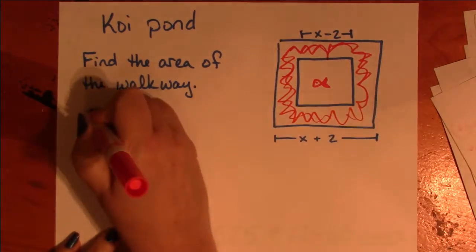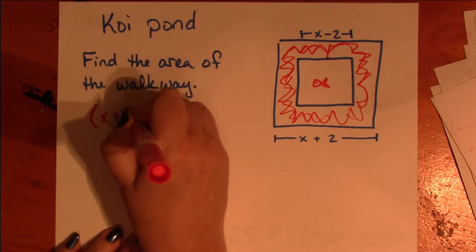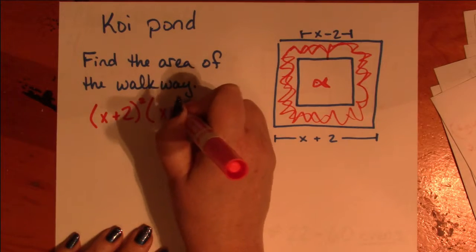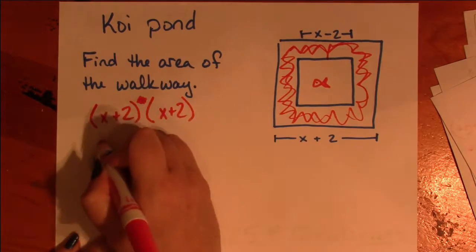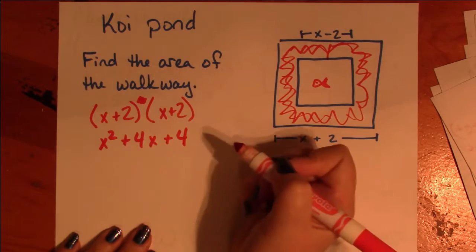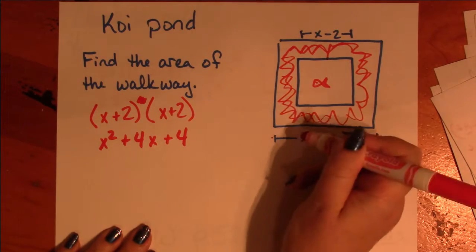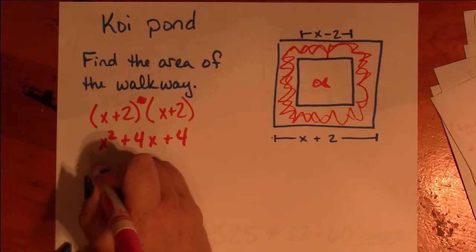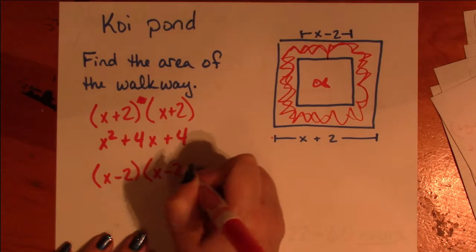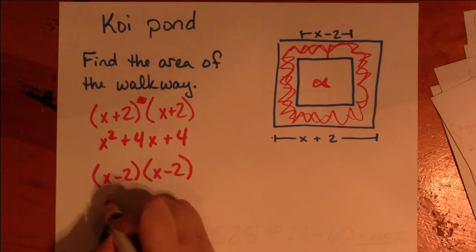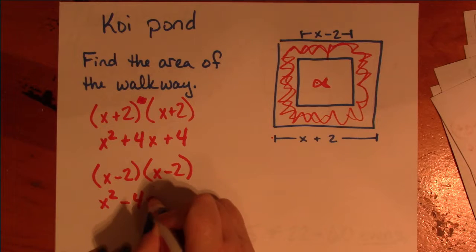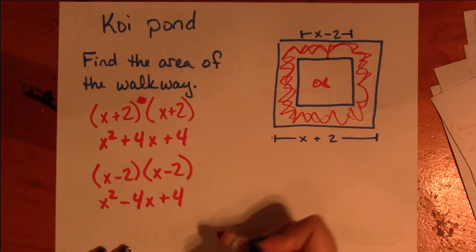We're going to end up with the area of the large square, which is x plus 2 squared, which is x plus 2 times x plus 2. And that's going to give us x squared plus 4x plus 4. That's the large. Then we have the small, which is x minus 2 squared. And that's going to give us x squared minus 4x plus 4.